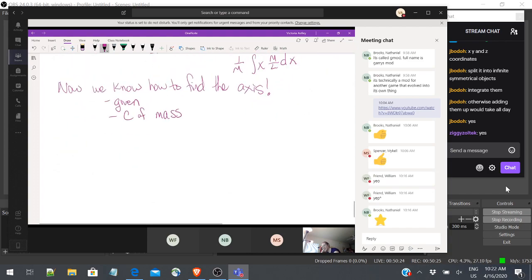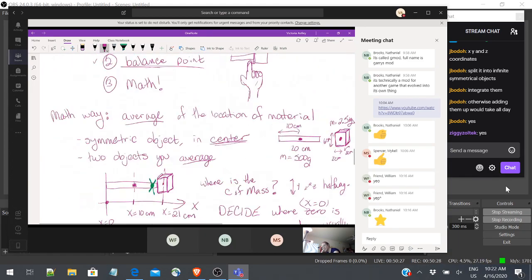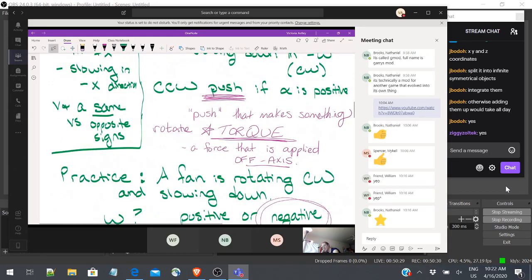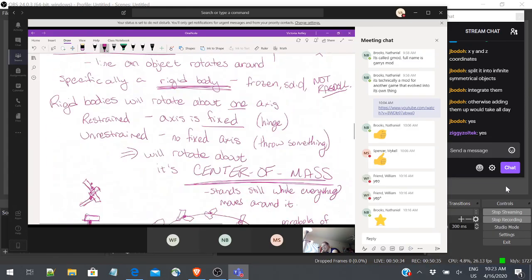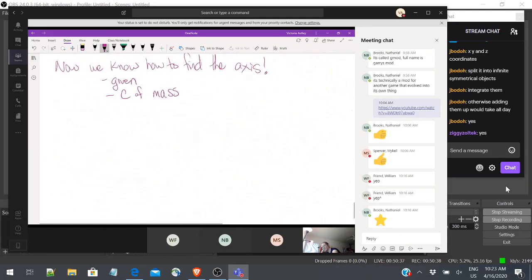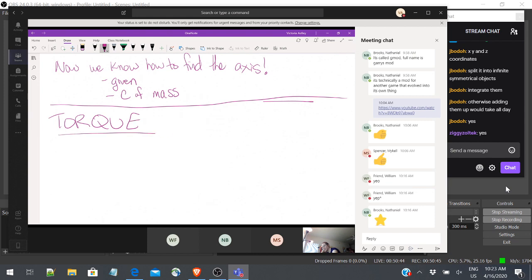Okay, let's go back and talk about this push. Torque is a push that is applied off axis.